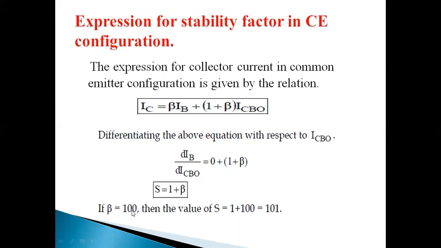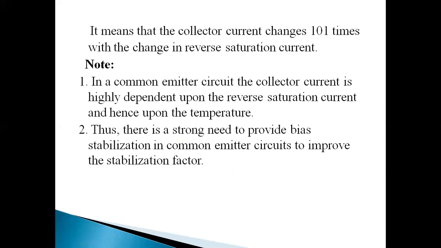Suppose beta equals 100; in general for common emitter configuration, the current gain lies in the range of 20 to 500. If it is 100, then the value of S is 101. It means that the collector current changes 101 times with the change in the reverse saturation current. This is the meaning of the stability factor.